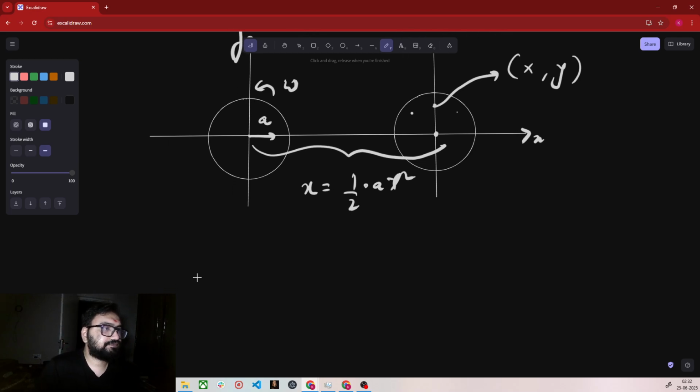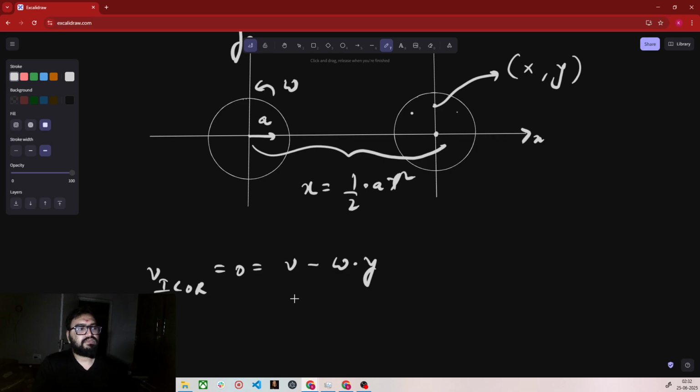And the relationship between y and x can be established by the condition for the ICOR. So the velocity of the ICOR is equal to 0. It is equal to the velocity of the axis of the disk, which is the translational component of the velocity, minus omega into y.